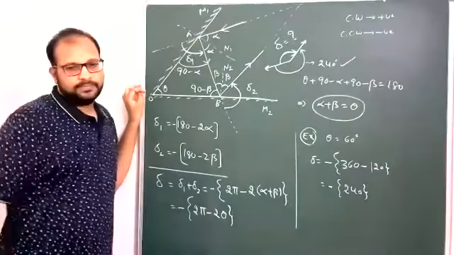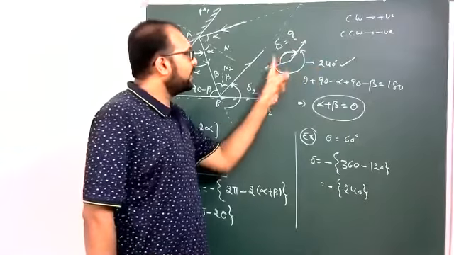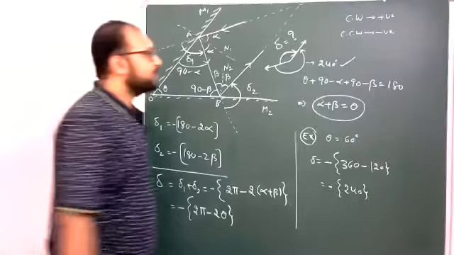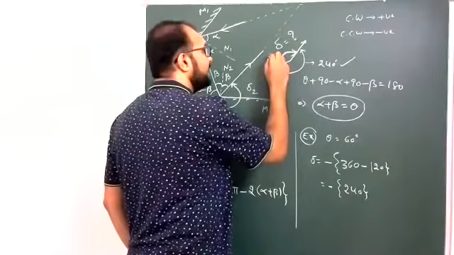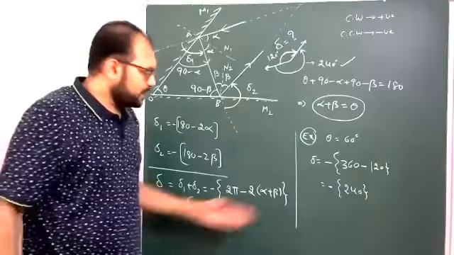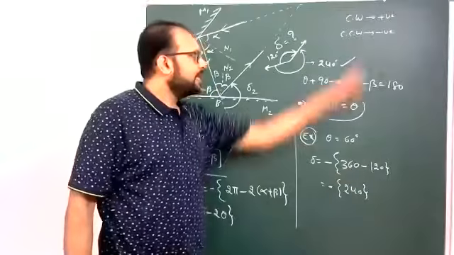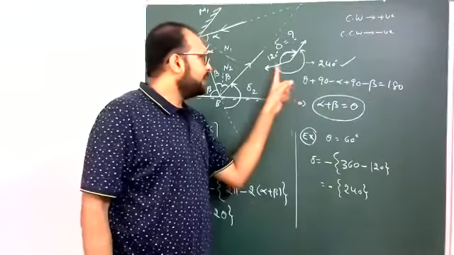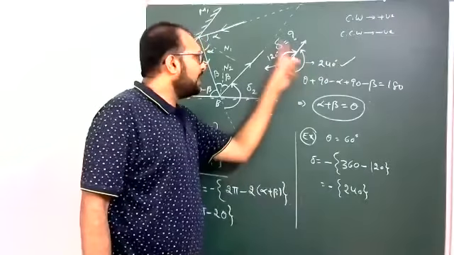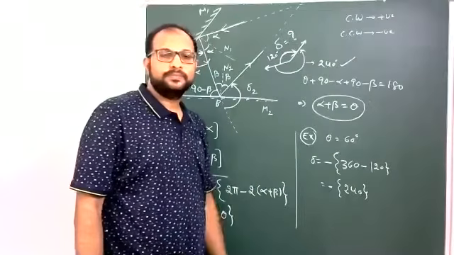Deviation. Suppose counterclockwise 240, then clockwise how much? The total is 360, so it is 120 degrees. Now substitute here only. So this is minus 240, that is counterclockwise. Total angle in a complete circle is 360, we know.